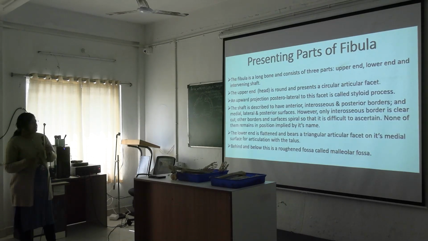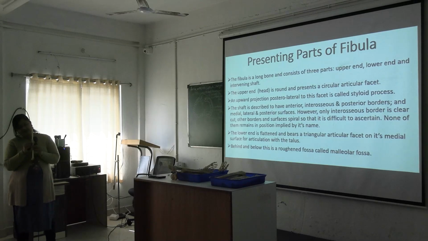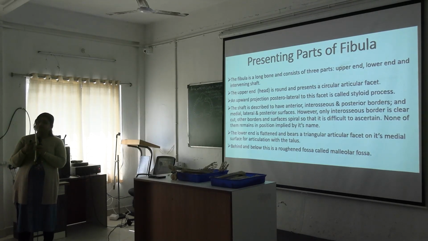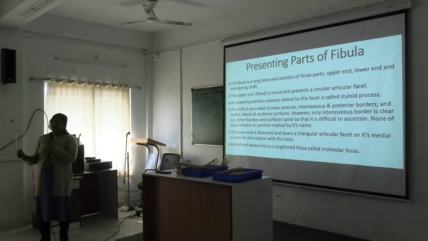So these are the three borders, and in between the borders are the surfaces. Between the anterior border and the interosseous border is the medial surface, this is the lateral surface, and here will be the posterior surface, and this is the anatomical position of the fibula. This is the fibula of the right side.